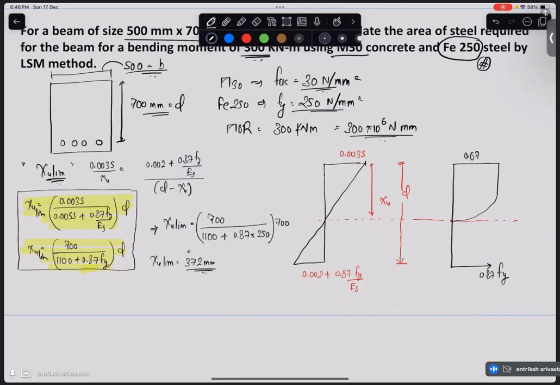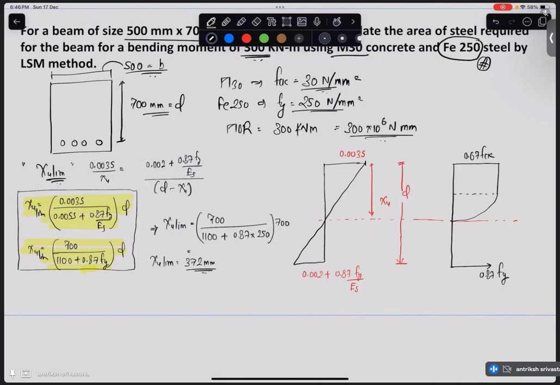So this is your stress diagram. Remember here that one more factor of safety needs to be applied. So this will be 0.67 divided by 1.5, it will be 0.45. What we know is that this particular stress profile in the concrete is rectangular to some distance and then it becomes a parabola.